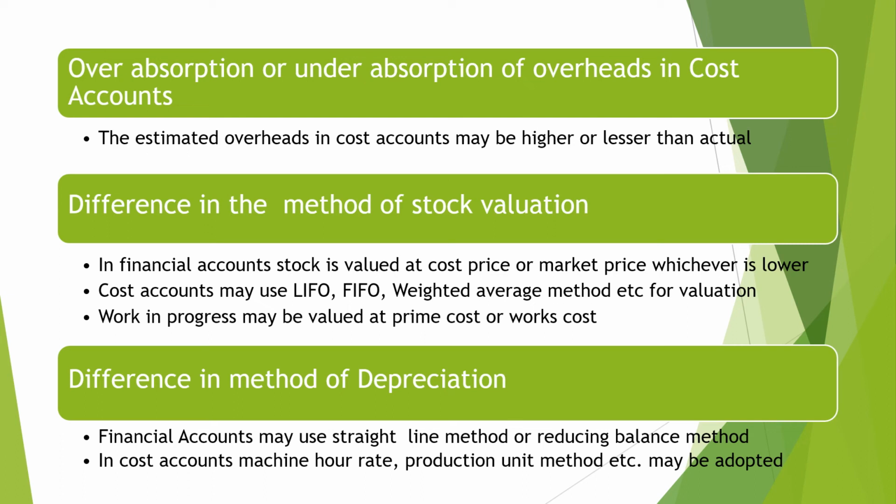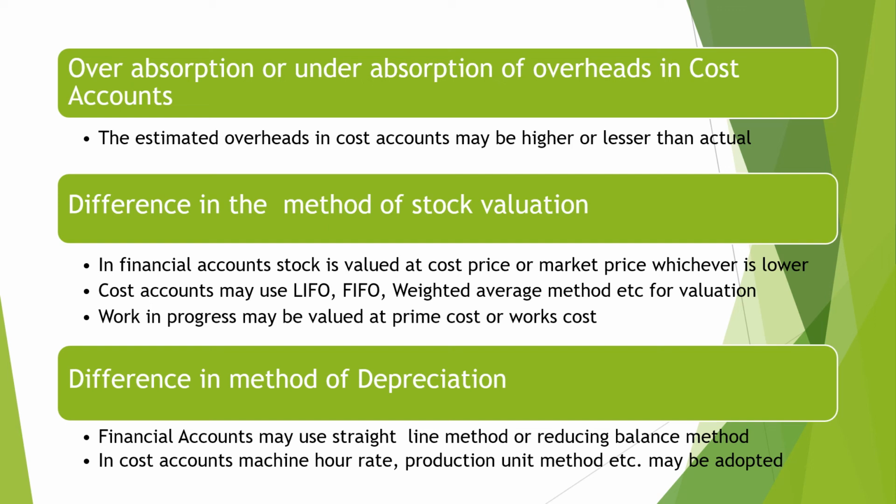The next reason for difference is different methods of stock valuation. In financial accounts, stock is valued at cost price or market price, whichever is lower. Cost accounts may use LIFO, FIFO, or weighted average method for valuation purposes.